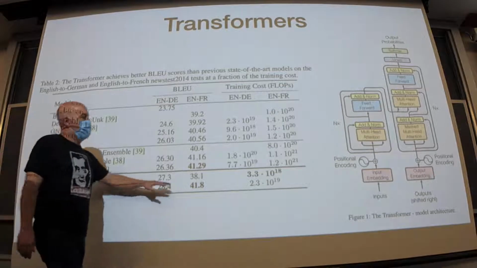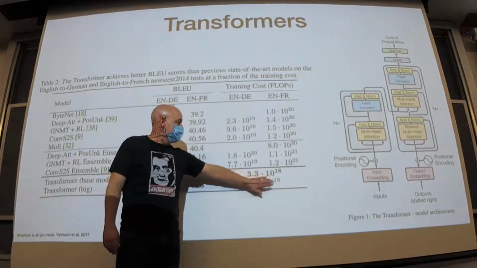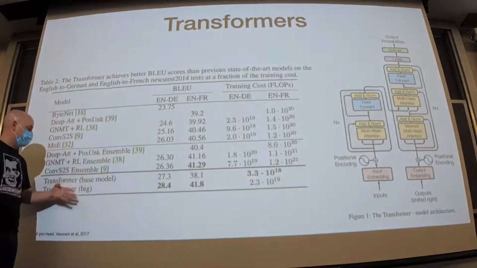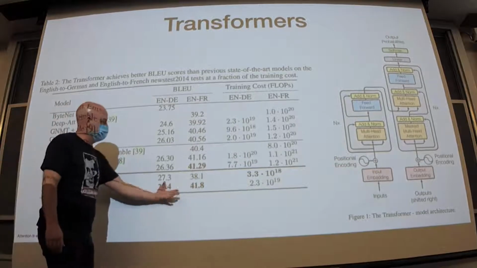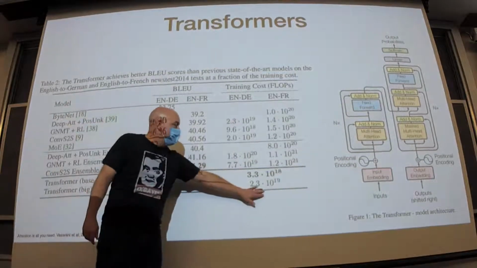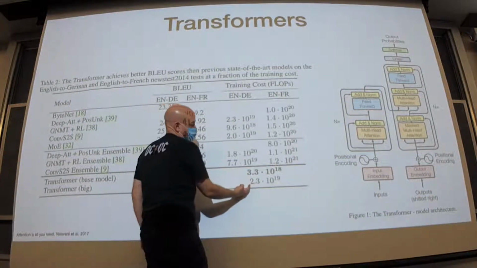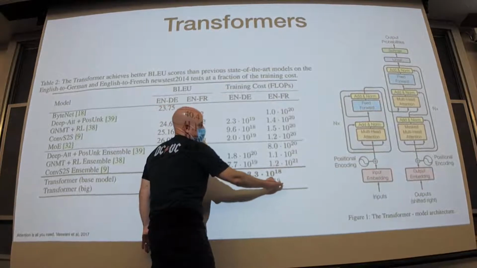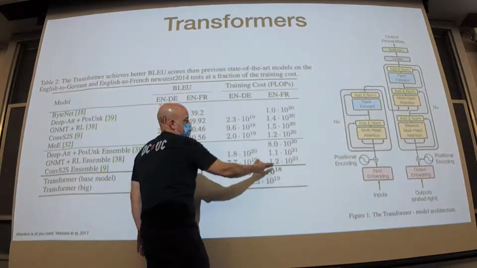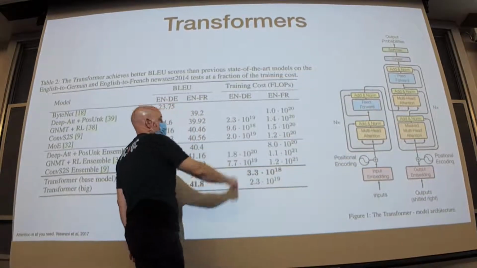Importantly, these BLEU scores come at far less cost. You see that this is the base model, then a bigger transformer. The bigger transformer, obviously bigger is better, right? So we got better BLEU scores, but you can see that the number of FLOPs during training is on the order of 10 to the 19. For most of these other models you can see 10 to the 21, 10 to the 20, and some 10 to the 19s as well.